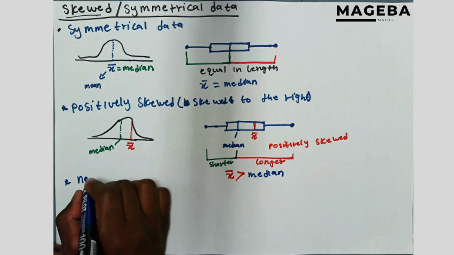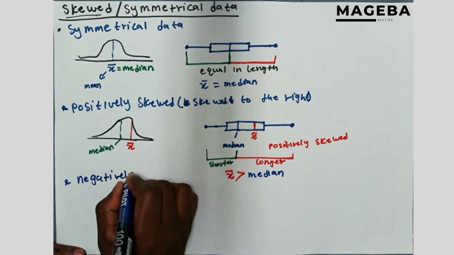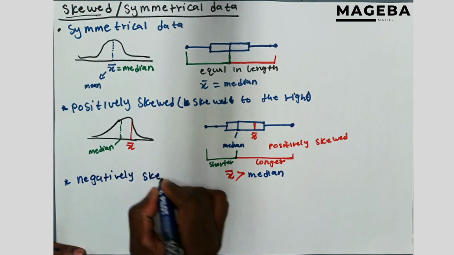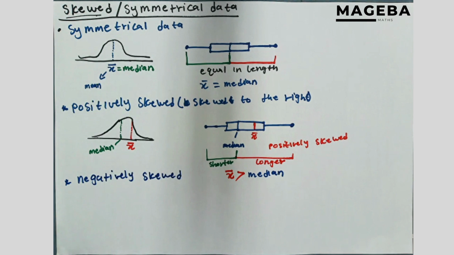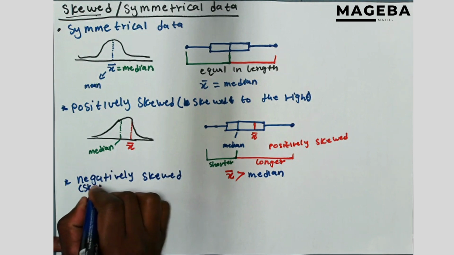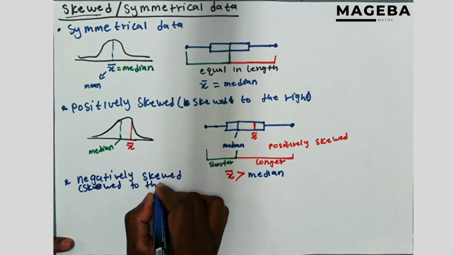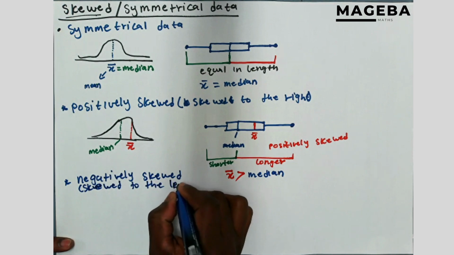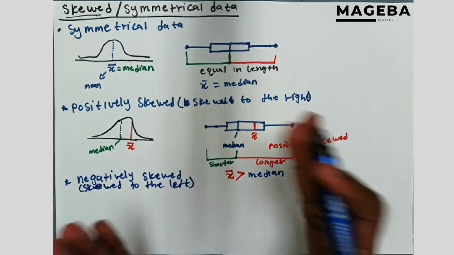Okay guys, now let's go to the negatively skewed. Negatively skewed, or another way we usually call it, skewed to the left. If we are not saying negatively skewed, we are saying it's skewed to the left.